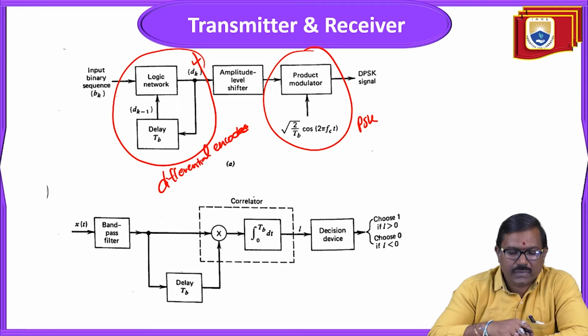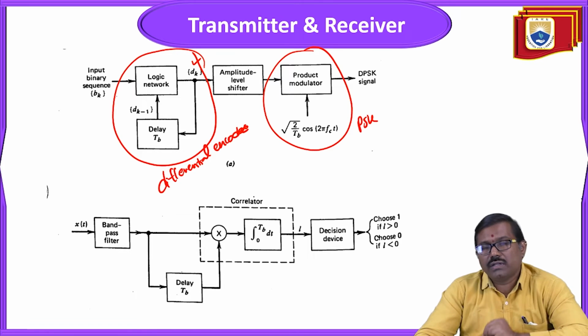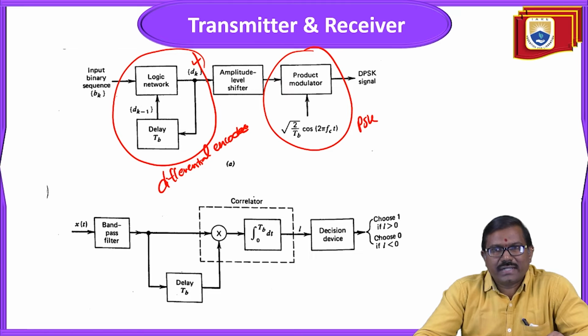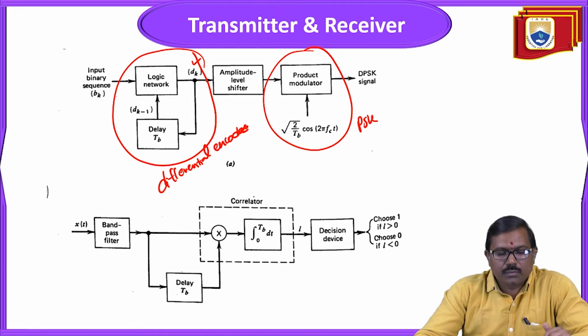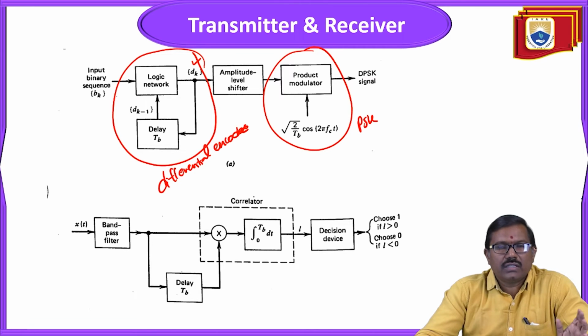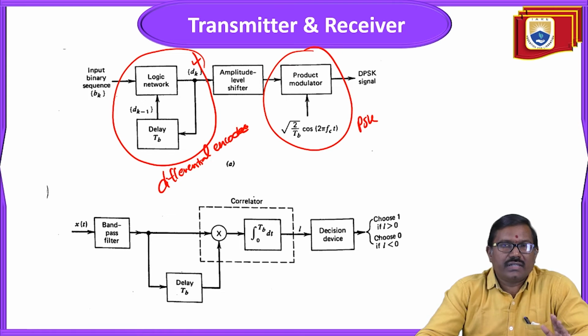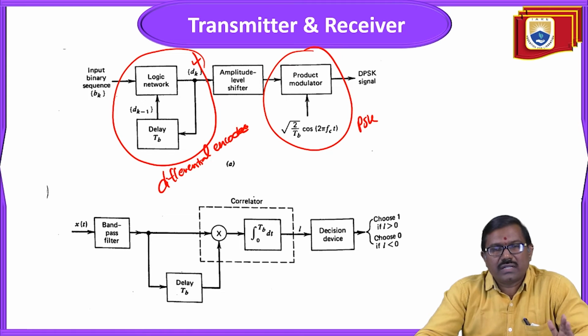Okay, and the one below is the receiver. The receiver also contains a correlator. Before the correlator, we pass the received signal through a band pass filter. The band pass filter allows a certain band, whatever is given at the transmitter, and the remaining bands are attenuated.